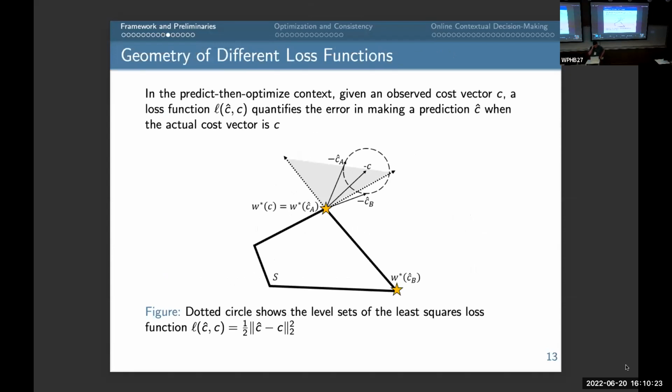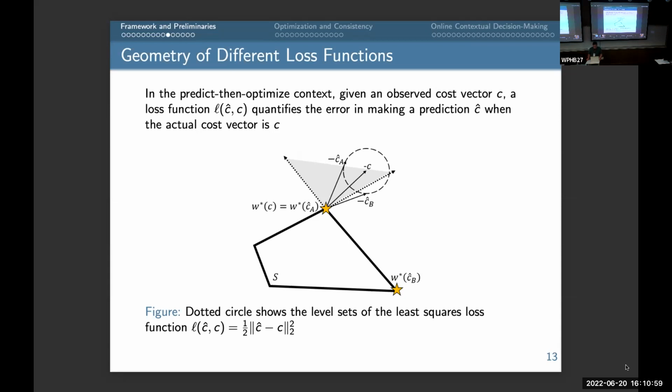And so to motivate how to determine the loss function, I want to present a simple geometric picture. So here's the case of S being a simple polytope in 2 dimensions. And what I've drawn here is the negative of a particular cost vector, the negative of some cost vector C. So it turns out that the optimal solution corresponding to C is that star up top. And drawn around C is a level set of the L2 loss function, in other words, a circle.